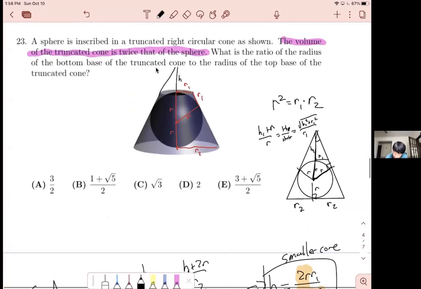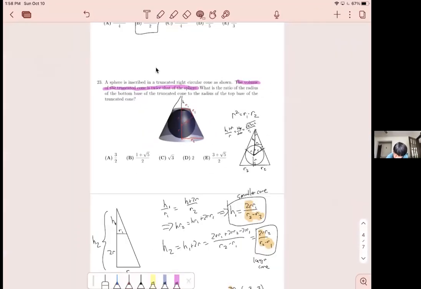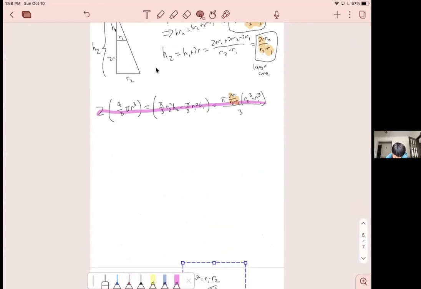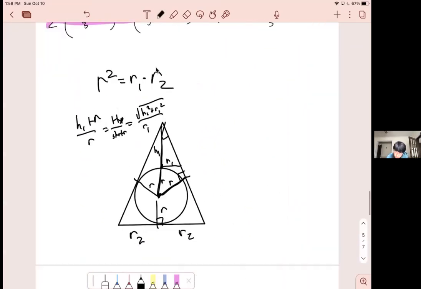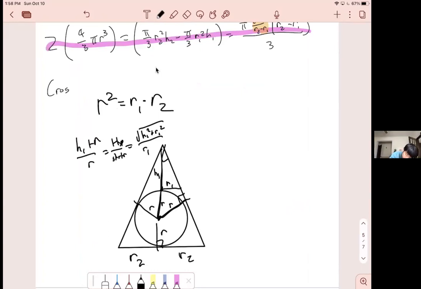I'm gonna bring this down more for more space. Okay. So this is a cross section.